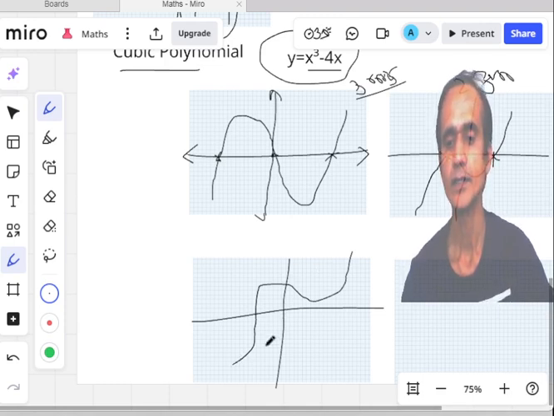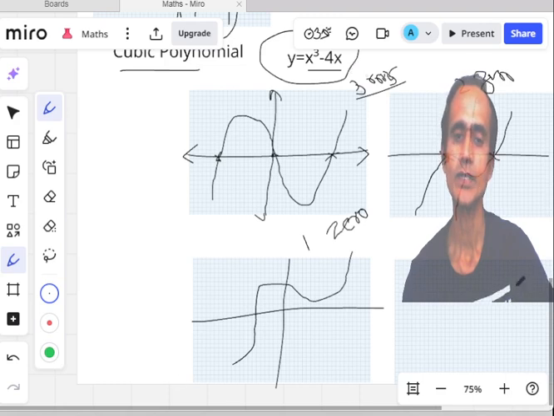And this cubic equation has only one zero. So now can you make out, what do you make out from these three graphs? That a cubic equation either has three zeros or two zeros or 1 zero. Is it possible that it doesn't have any zero?